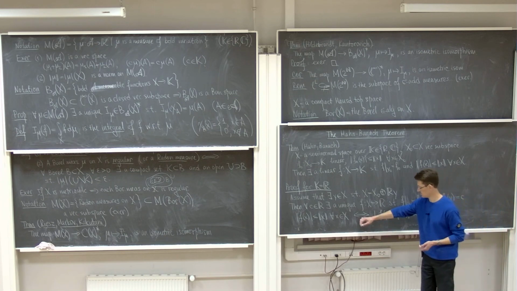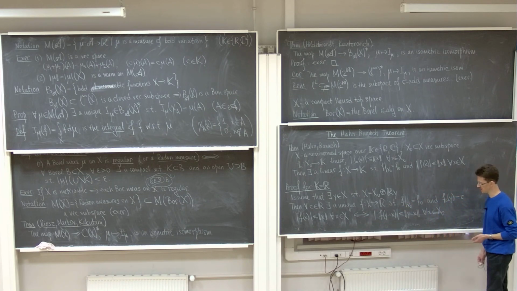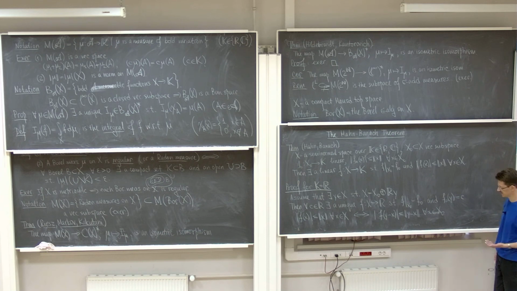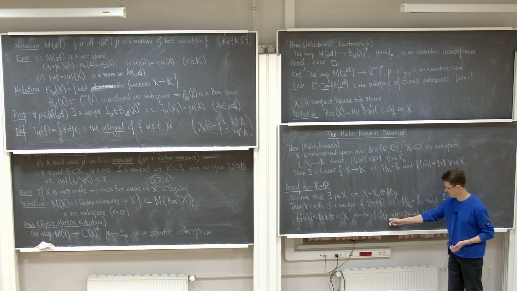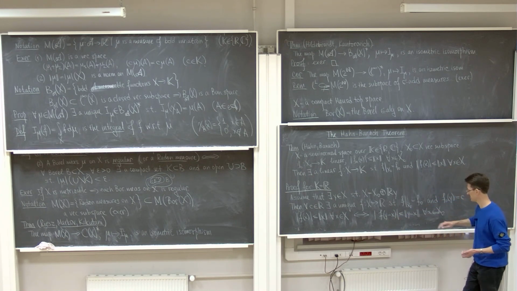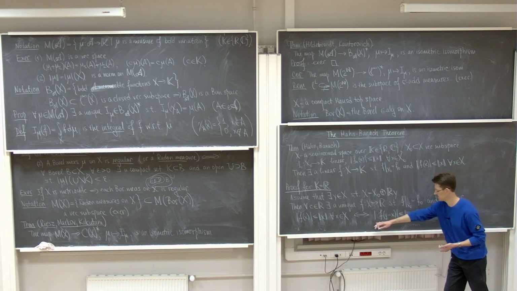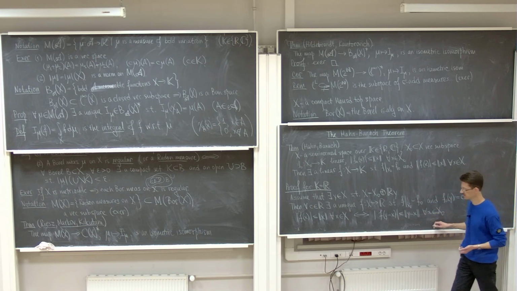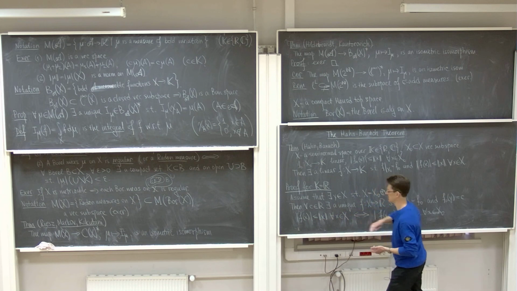So these two statements are equivalent because each element in x, which is not in x0, has this form up to a multiplicative constant. So if we find c in such a way that this inequality holds, then by linearity, this inequality holds as well.